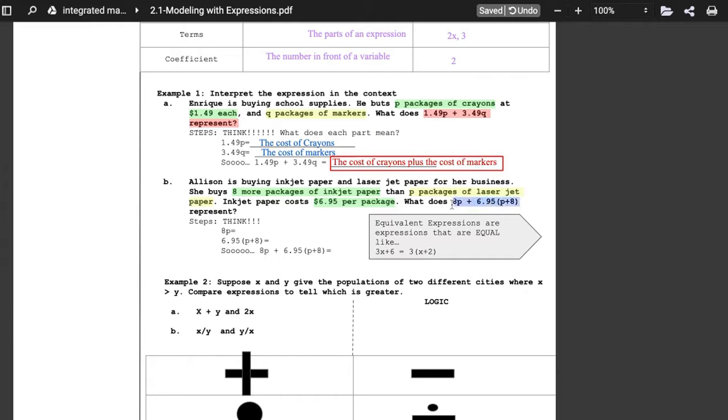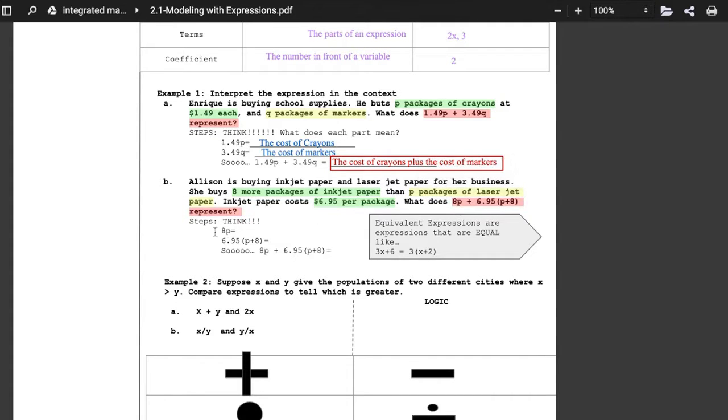So 8P plus $6.95 times P plus 8. It's starting out with the 8P. So what does the 8P represent? P stands for LaserJet paper.